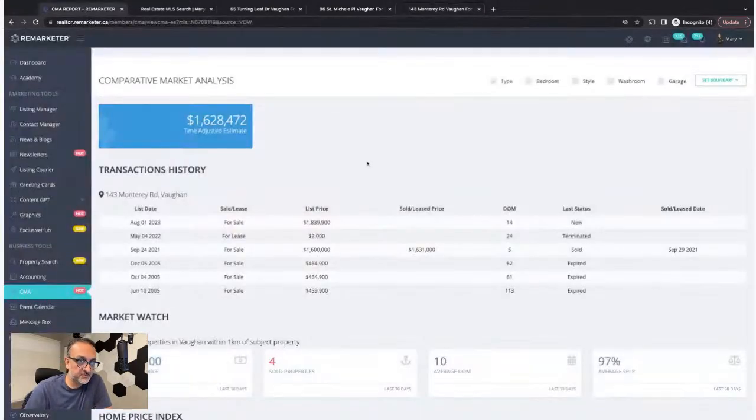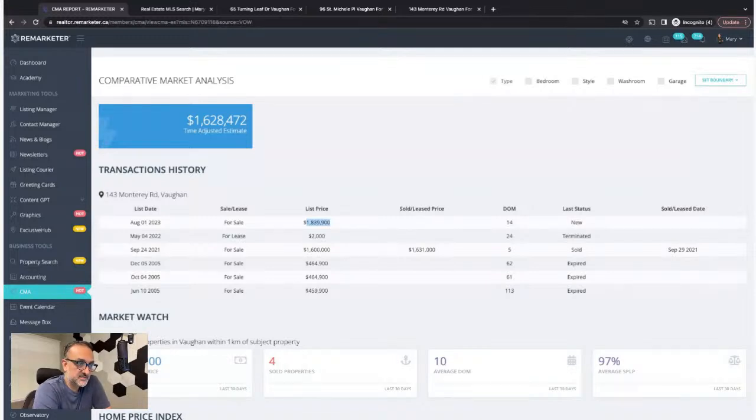All right. So the first thing that you realize here is the transaction history. I'll come back to the time adjusted estimate. I'll explain to you exactly how this is calculated, and you would know what that is. But first, let's take a look at the transaction history here. So you can see that the property is on the market for $1.84 million.